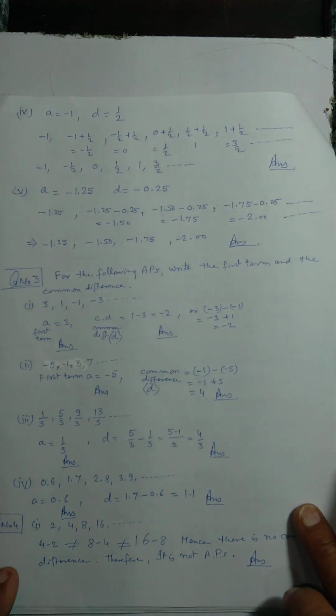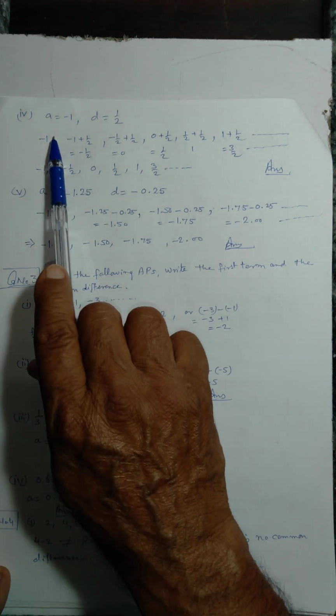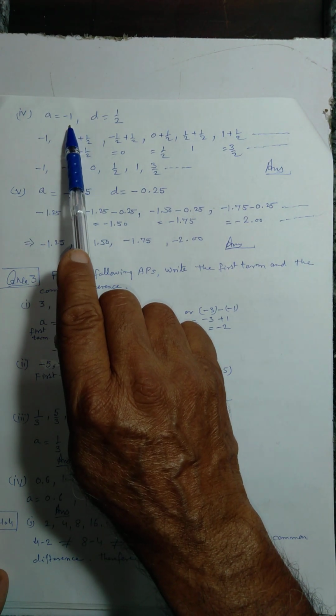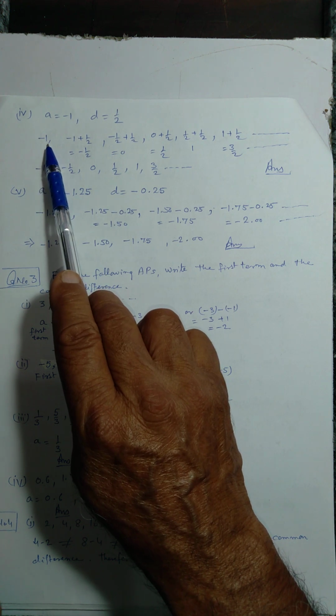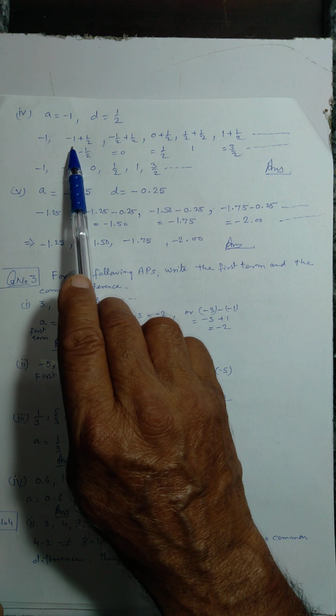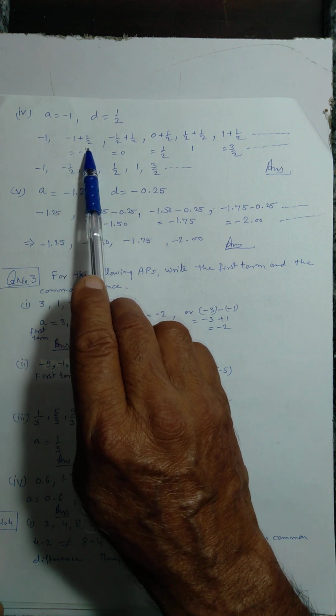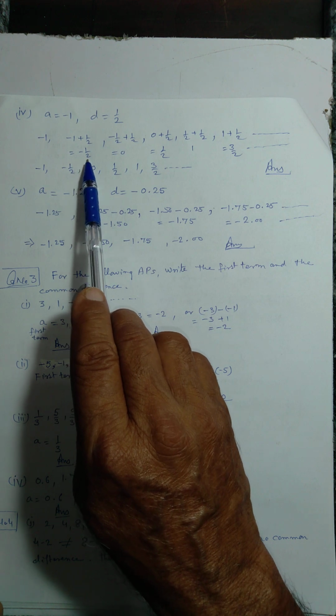Now come to the fourth part, that is A is equal to minus 1, D is equal to 1 by 2. So the first term will remain minus 1. Now the second term will be minus 1 plus 1 by 2, so it will become minus 1 by 2.